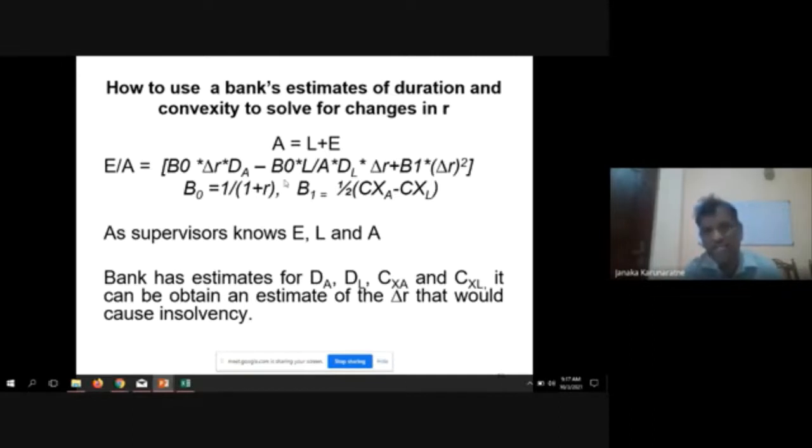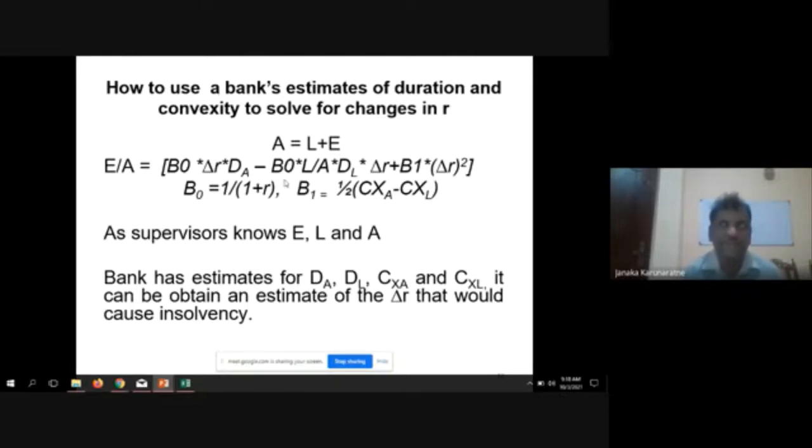Ignore the convexity. This is for the balance sheet, not for a particular interest rate instrument. The balance sheet duration of assets is 5 years, and the balance sheet duration of liabilities is 3 years in that particular balance sheet of the bank.